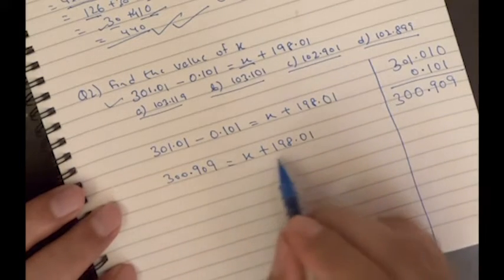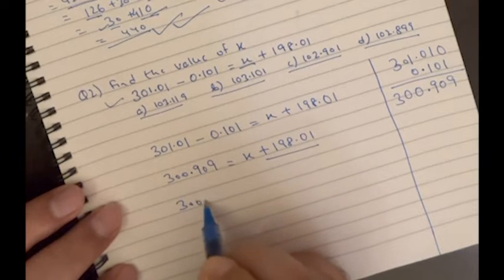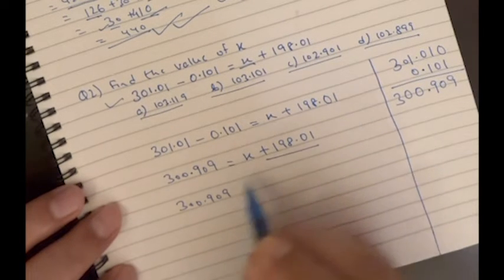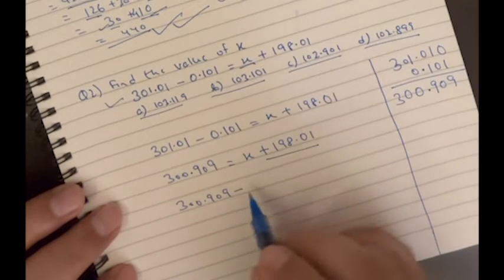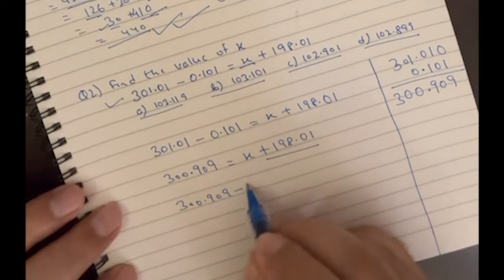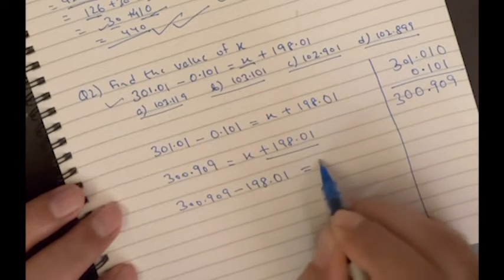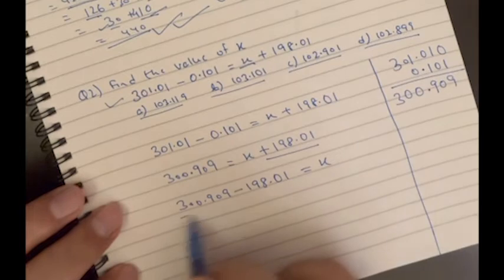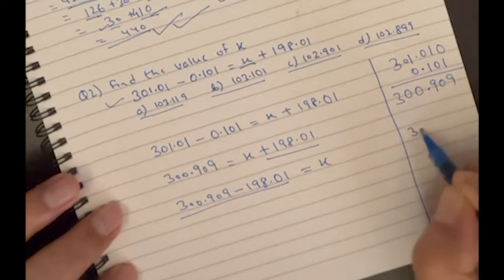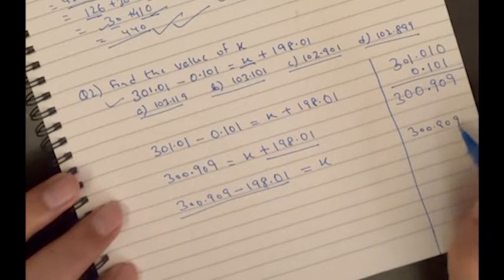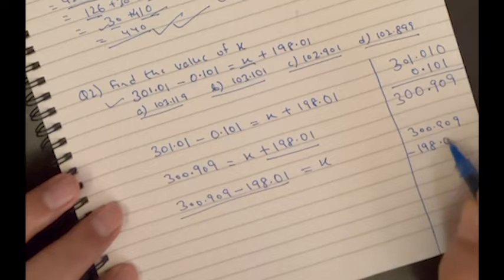Now we will move this to this side, so this will become 300.909. This plus will change to minus because we are moving it to the opposite side of the equal to sign, and this will be 198.01 equal to x. Let's do the rough math for this figure. 300.909 minus 198.01.